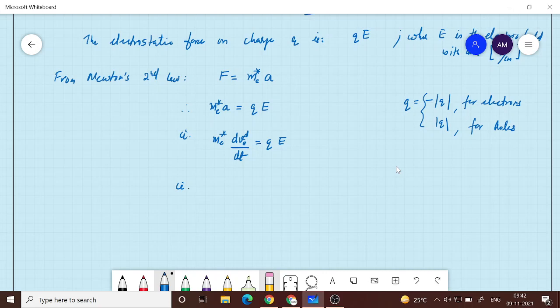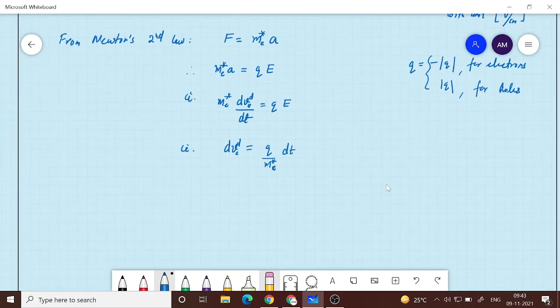So dVe, the drift velocity, is equal to Q by M E star dt. Okay, I can write like this. And now if I integrate this on both sides, we get VE drift.